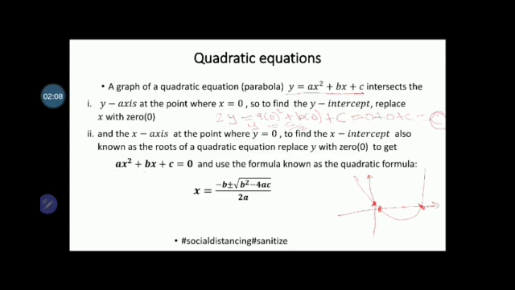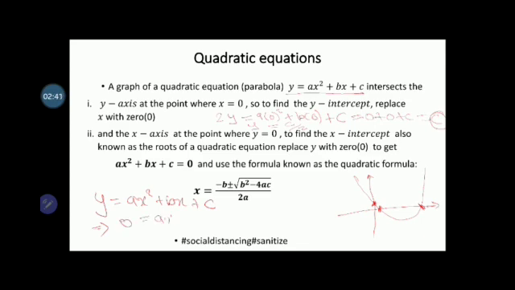Finding the x-intercept, which is a common exam question in past papers of the examination council, is finding the roots. On the x-axis, y is 0. So for you to find the x-intercepts, all you need to do is replace y with 0. So ax squared plus bx plus c is equal to 0.